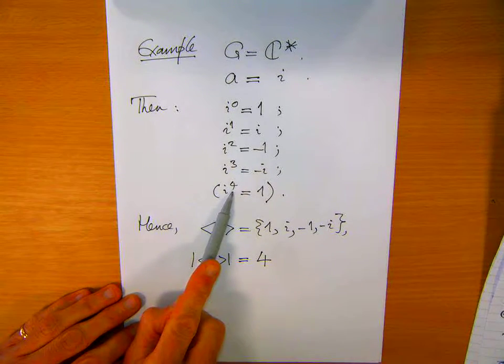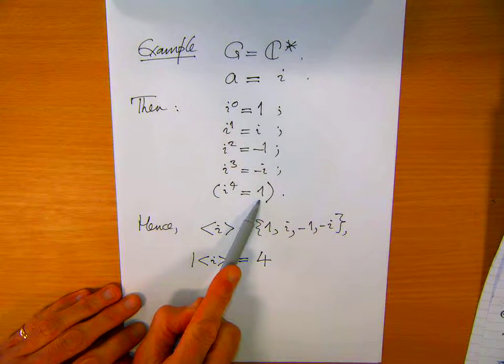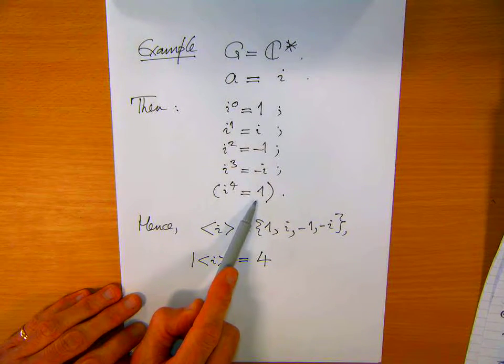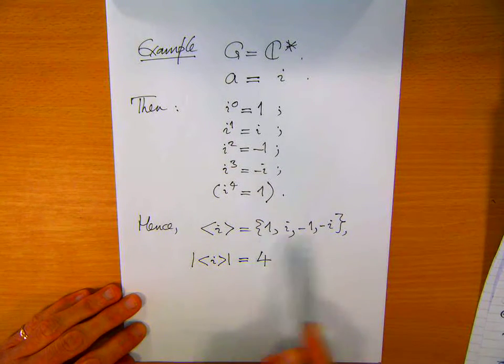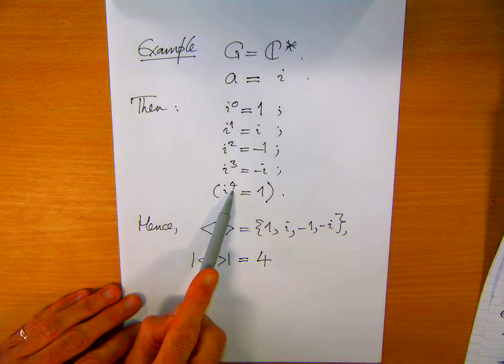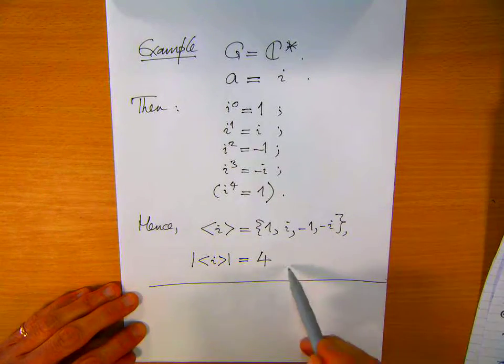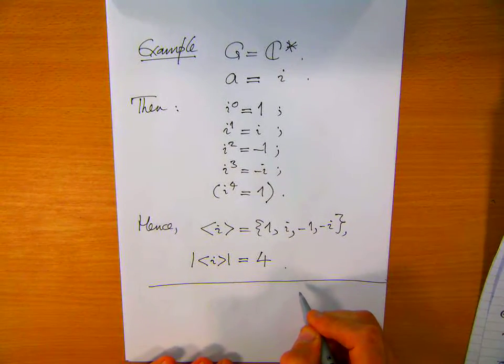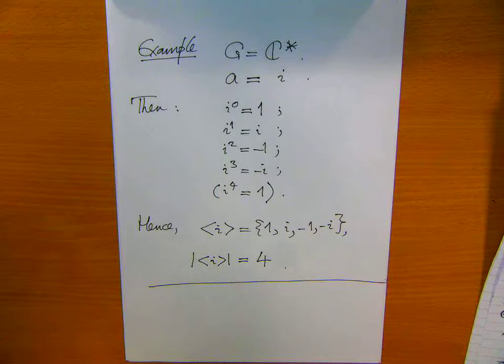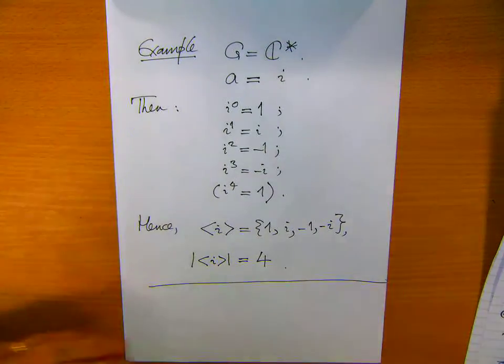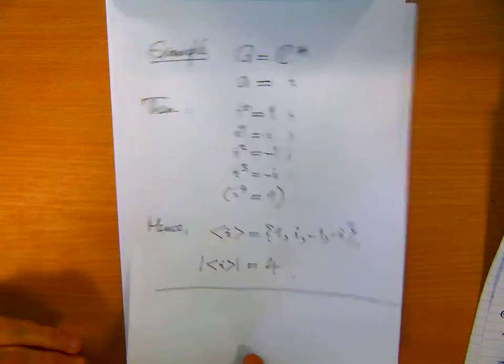It's also the smallest power which gives you the identity element, and that's always true. Okay? So 4 elements in the cyclic subgroup, but 4 also appears here as the first positive power which gives you the identity element. So that's 2 numbers which are always going to be equal for finite cyclic groups. Are there any questions at that stage?